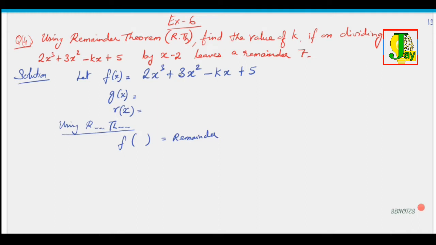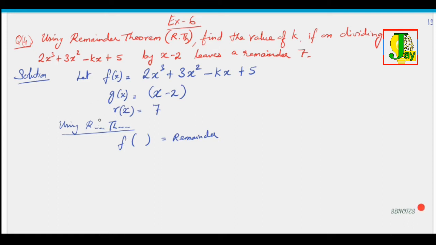We are dividing the polynomial by x minus 2, so g(x) should be x minus 2. And remainder is given, that is 7. Now here comes the remainder theorem. Using remainder theorem you need to write it, or you can also write by remainder theorem.